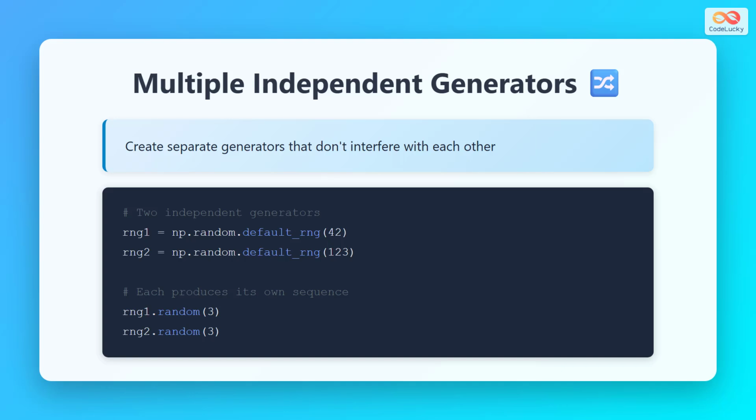Each generator produces its own independent sequence of random numbers. When you call rng1.random and rng2.random, they generate different sequences without affecting each other. This is crucial for parallel computing, testing, and maintaining clean code architecture.